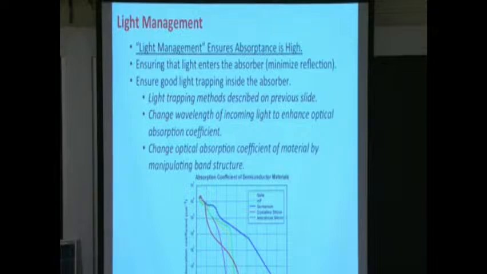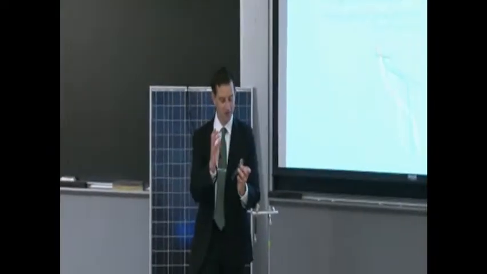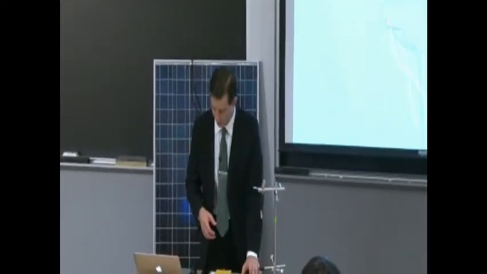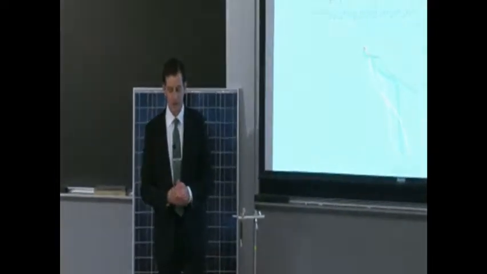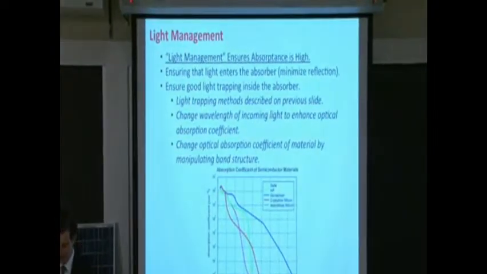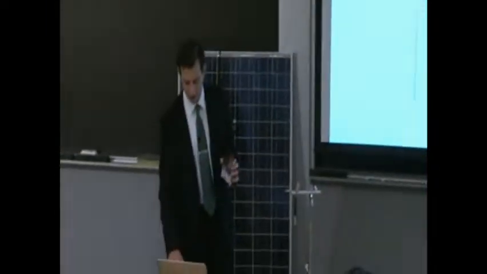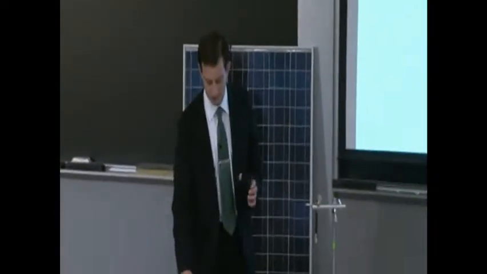We want to minimize reflection. We want to ensure good light trapping inside of the absorber as well. The absorber being our photovoltaic material, the one that's absorbing the sunlight and ultimately going to be generating the charge. So we want to ensure good light trapping inside of it, that the maximum amount of light gets trapped inside. We want to maximize the optical path length within it. And we want to minimize reflectance off the front surface.